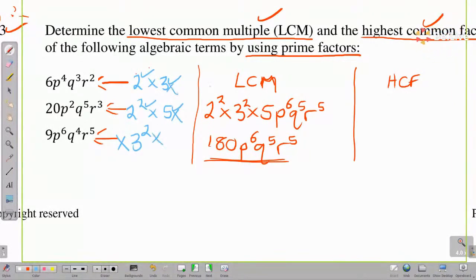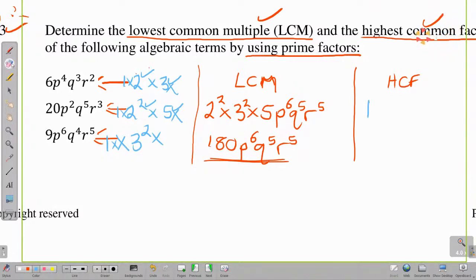So as far as the numbers are concerned, there is no common factor on these numbers except 1, because remember, by default there is 1 times 1 times 1 times. It's a hidden 1. So if there is nothing on the numbers, the only number you can choose is a 1 to represent the numbers.